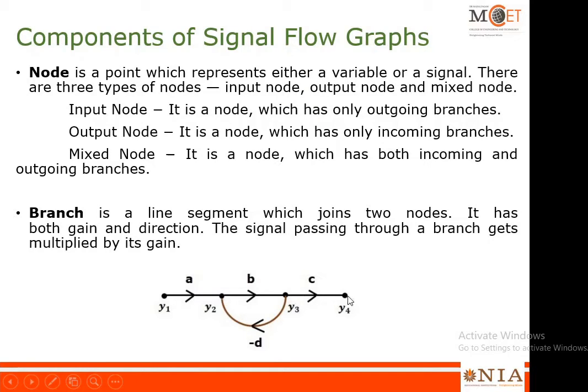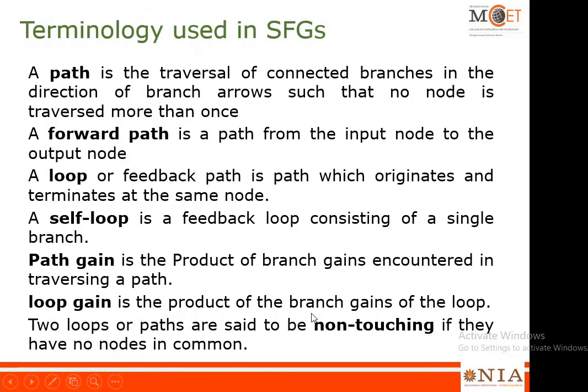If I draw another loop like this here, then these two loops will not come under the category of non-touching loops. So the definitions are here. Students can go through it after the completion of this video.